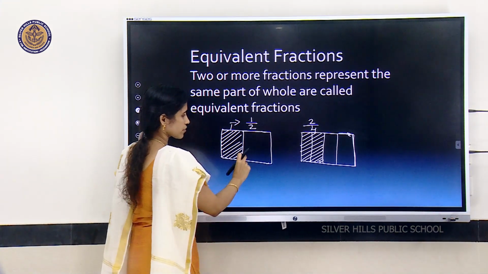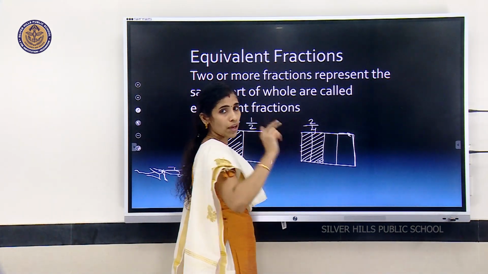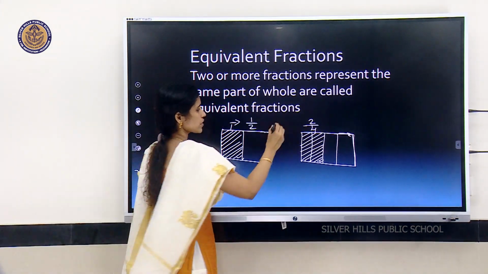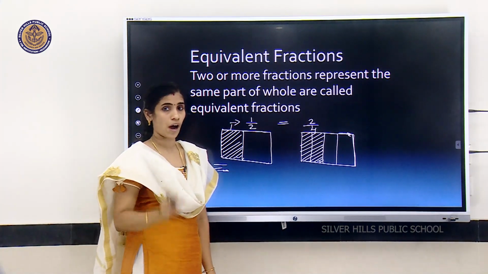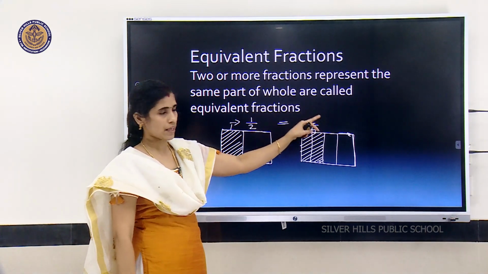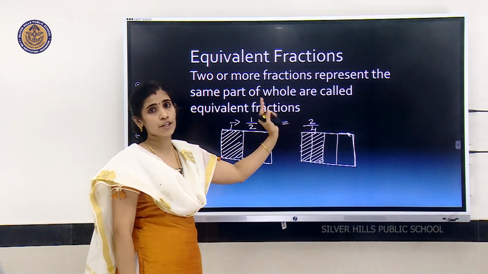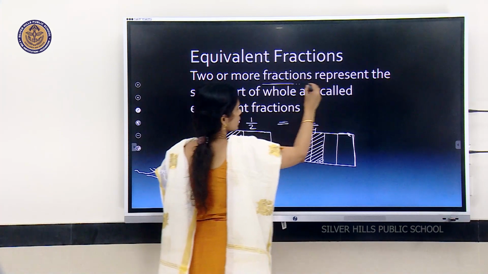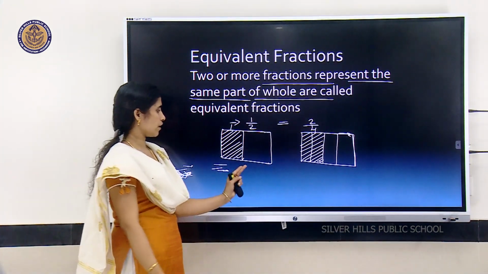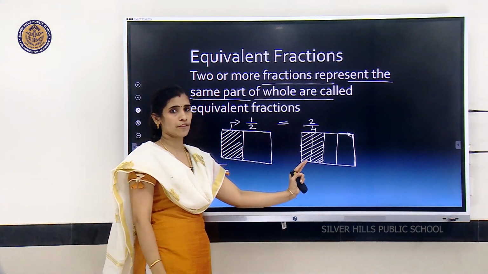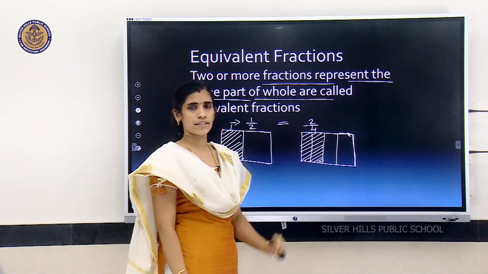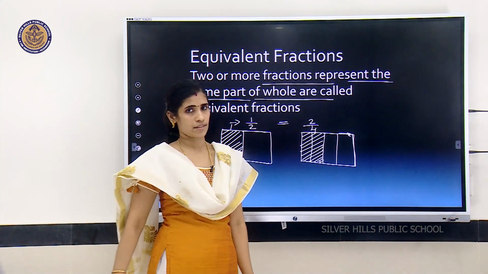That means 1 by 2 and 2 by 4 represent the same part of a whole, so 1 by 2 and 2 by 4 are called equivalent fractions.